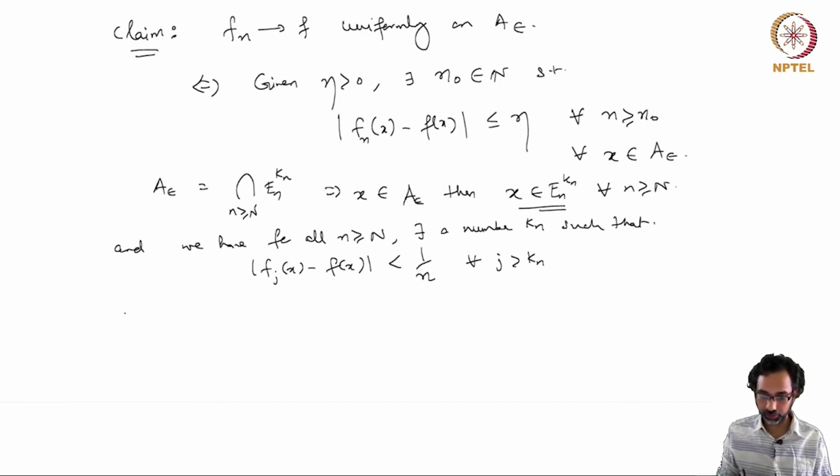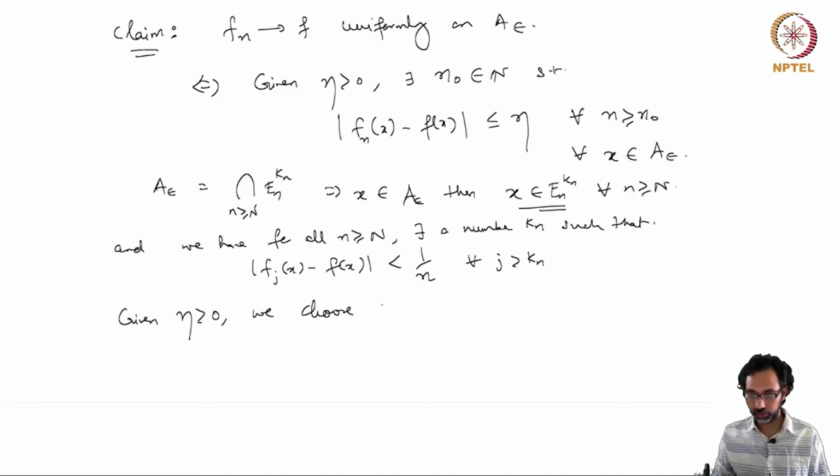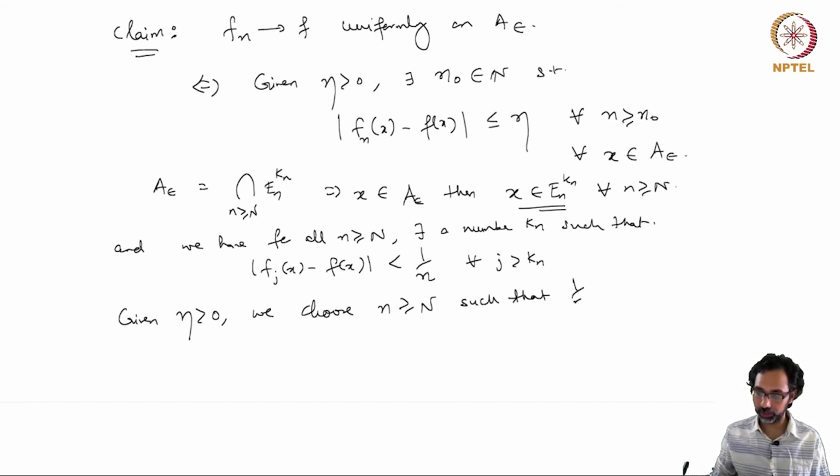And so now, given eta greater than 0, we choose n greater than or equal to capital N such that 1 over n is less than this eta, and set n naught to be this k_n that we get from fixing an n and then getting k_n.